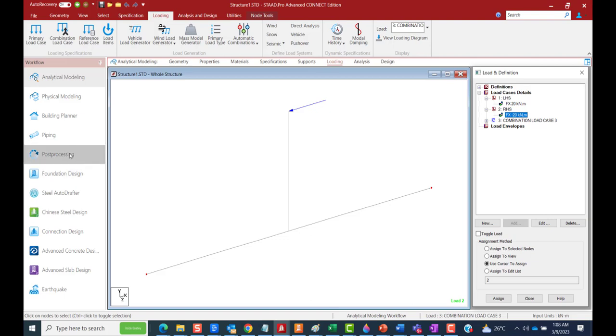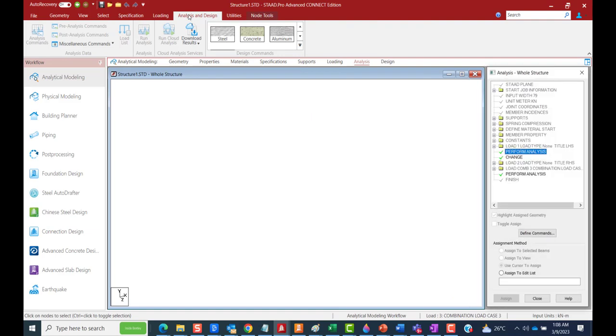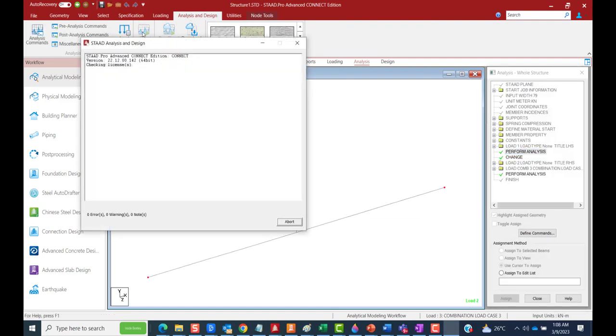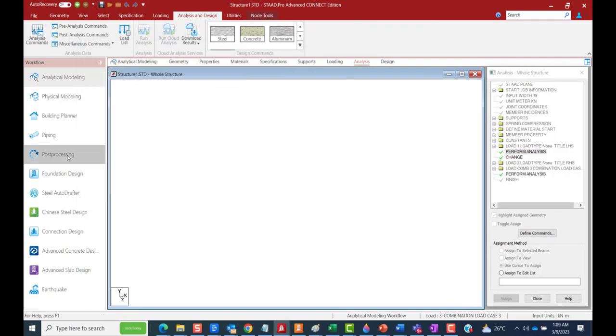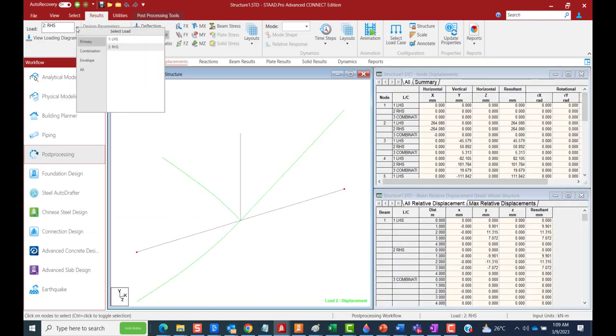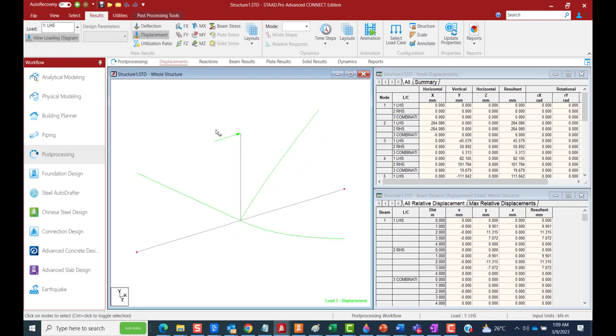I have already created the combination here, so let's run the analysis. Let's see the first one. LHS means acting from the left hand side, this one. Now, obviously, this support was assigned as a compression only support.